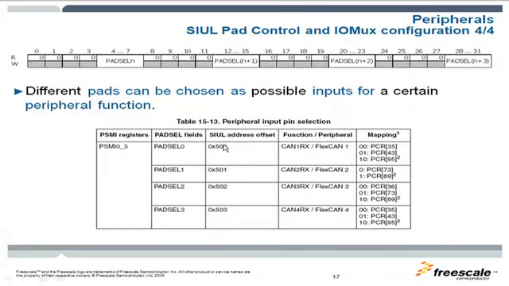For example, here's a CAN 1 receive pin or input. So this could come from GPIO 35, as we call it, or PCR 35. These are the actual PCR numbers, but you'd have to look up and see what port pin it is. So these are all different port pins, 35, 43, 95, and we have to specify in the field for the pad select which one will be selected for the CAN 1 receive input. Same thing for CAN 2, CAN 3, etc.